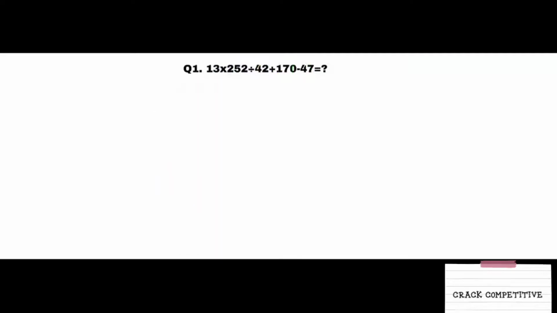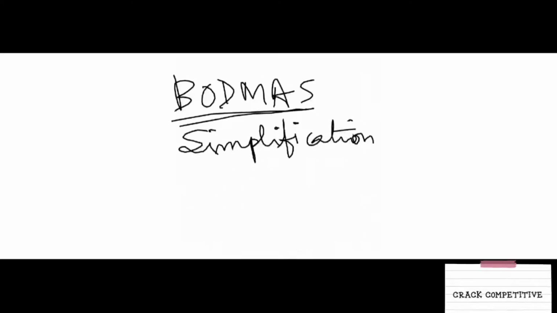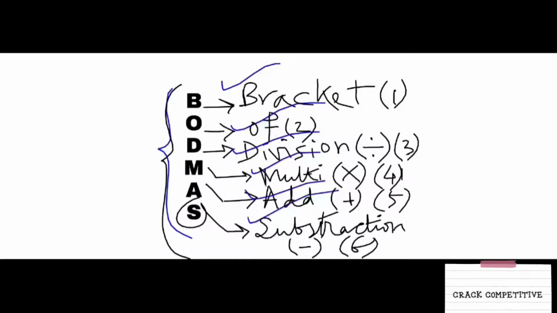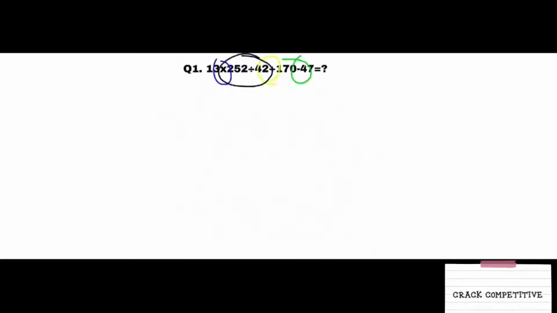Let's go for the next one. I've said that first comes bracket, right? B for bracket. Actually, there are three kinds of brackets. Firstly, it is called first bracket, or open bracket, whatever you say.